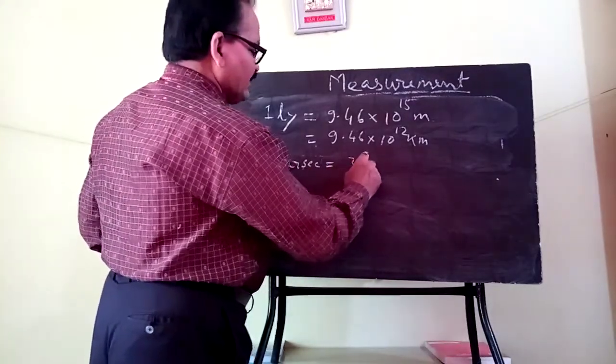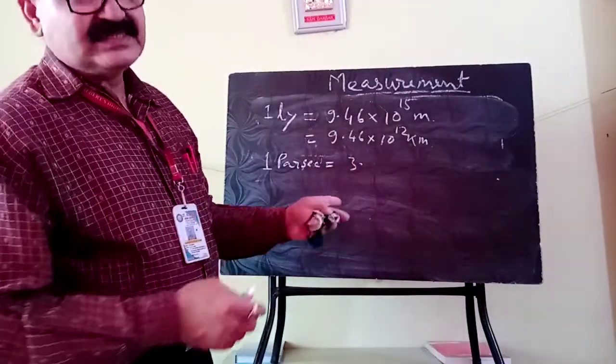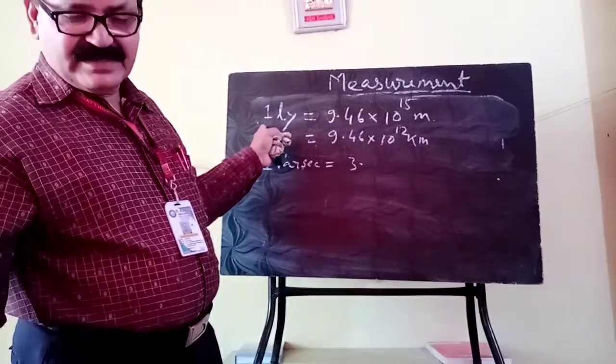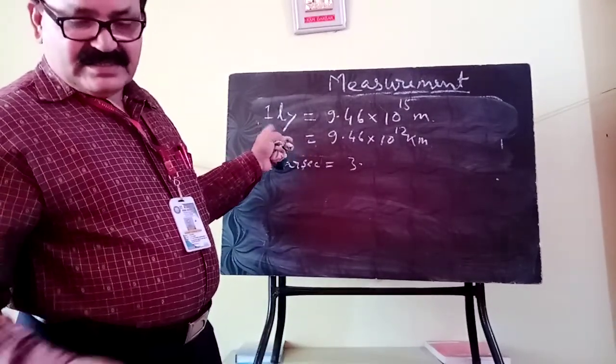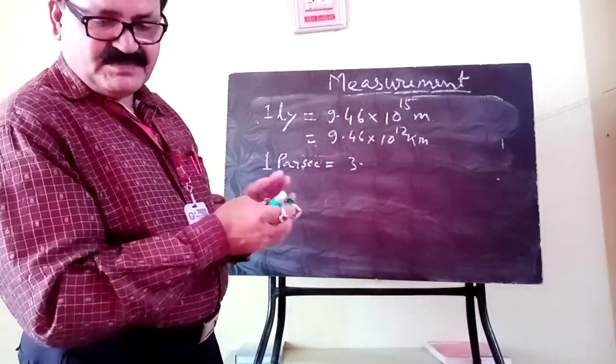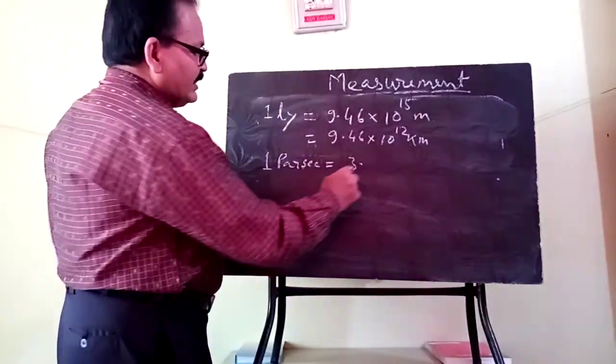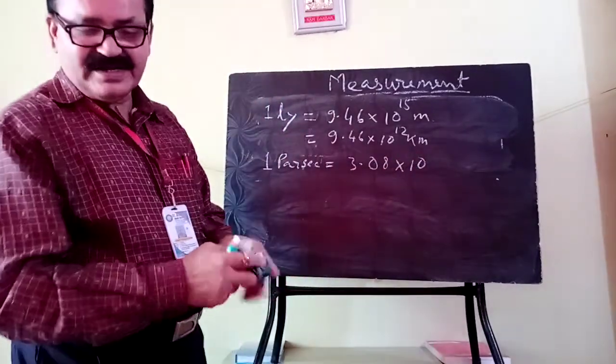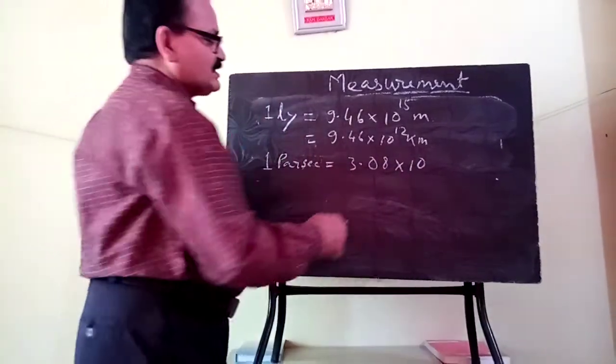It is greater than the light year. That means 1 parsec equal to 3.08 into 10 to the power 16 meter.